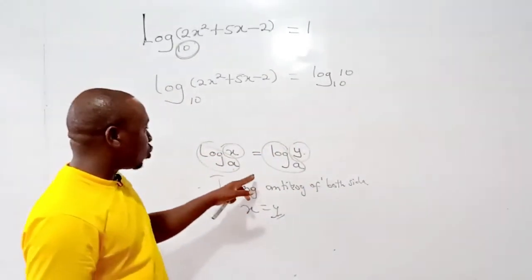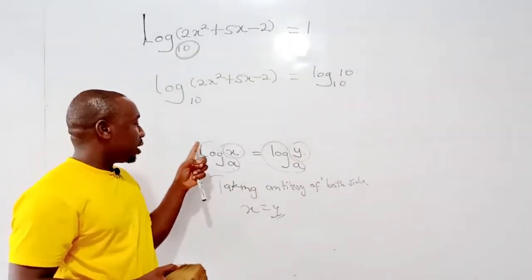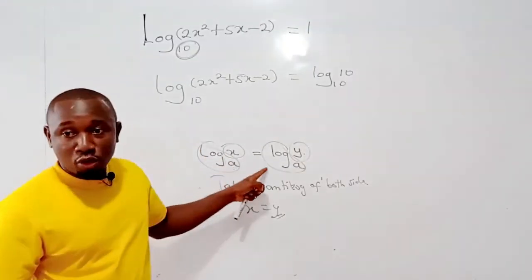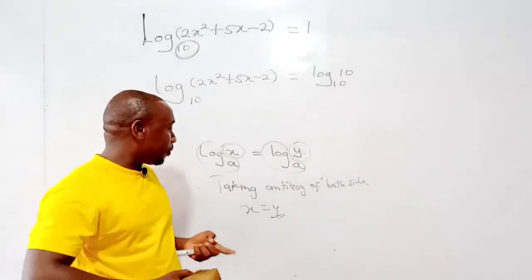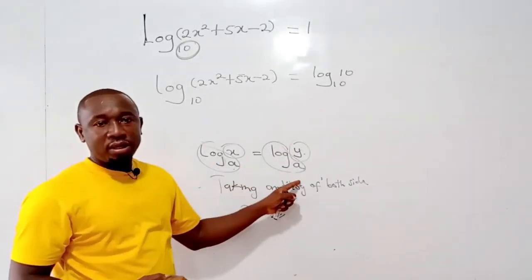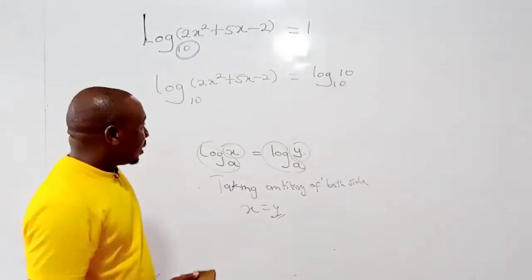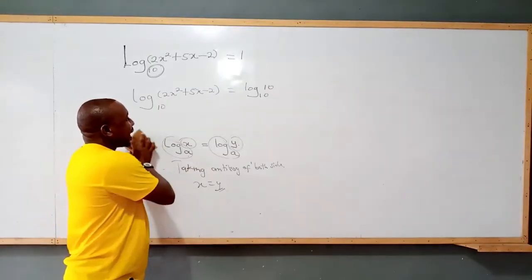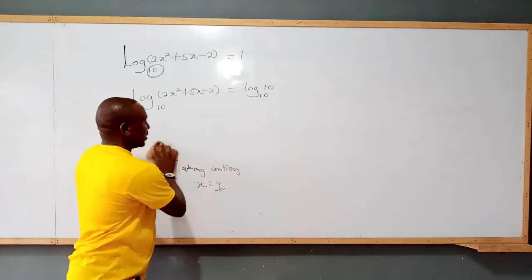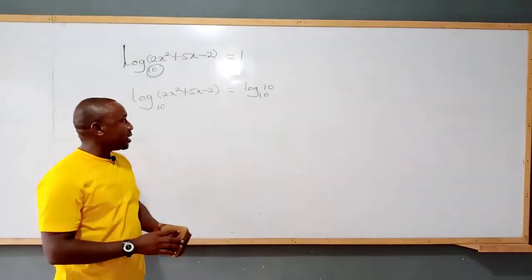So let's take note of this particular rule 2. The log of x to the base a is equal to the log of y to the base a. Taking antilog of both sides, the log a will cancel the log a, and then we'll be having x is equal to y. We are applying the same concept here.